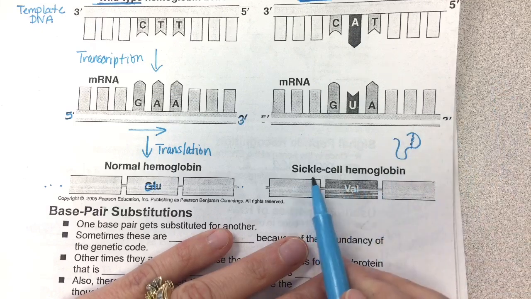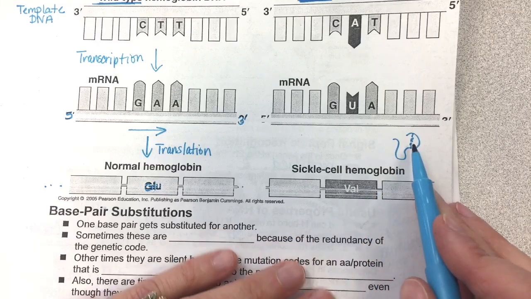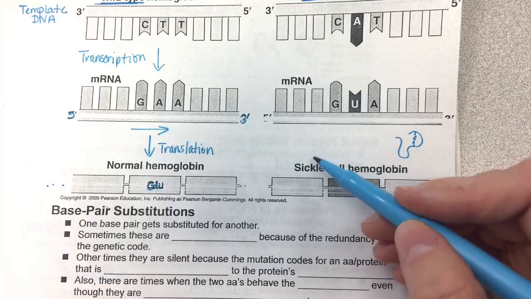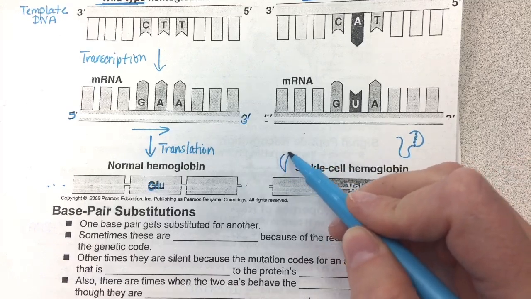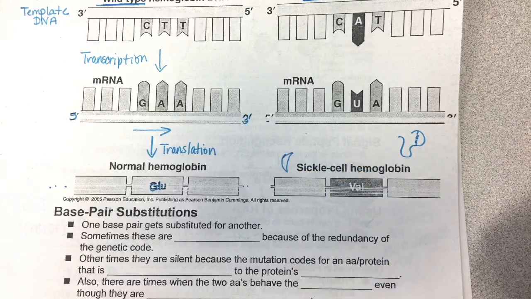And so that's what happens in this hemoglobin. That valine is an important amino acid in determining the shape of the hemoglobin molecule. So remember, it's sickle-shaped in people, it makes the red blood cell sickle shaped, and so therefore interferes with the job of the hemoglobin, which is to carry the oxygen to the body cells.